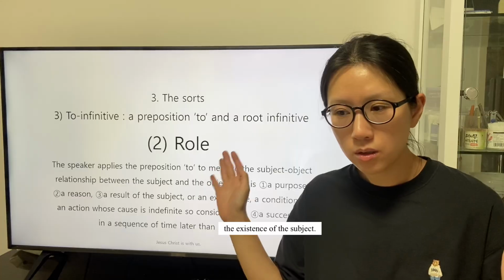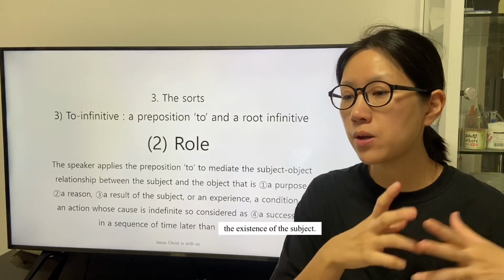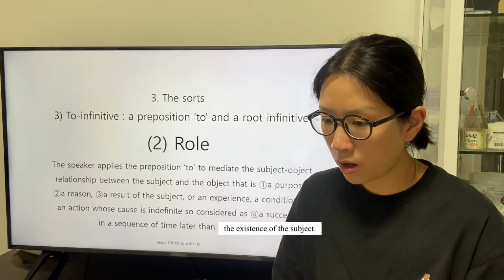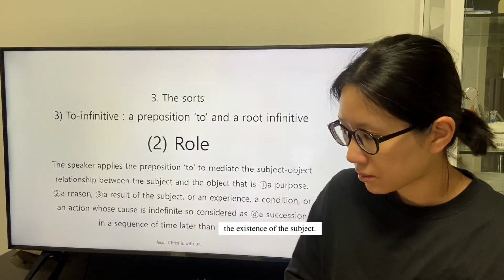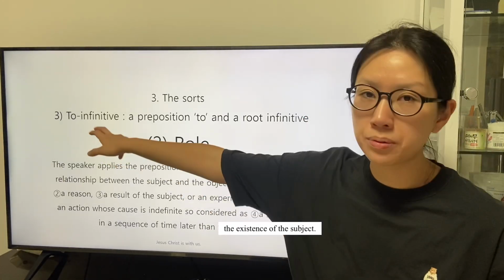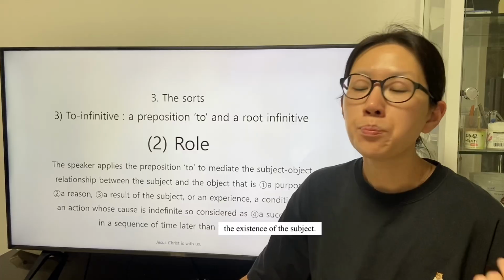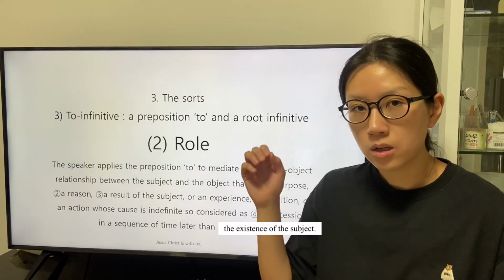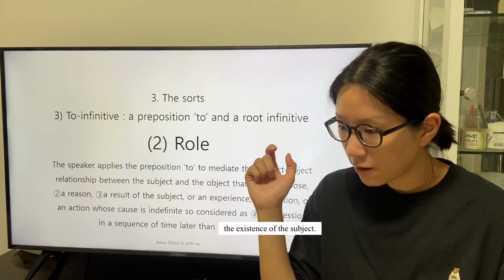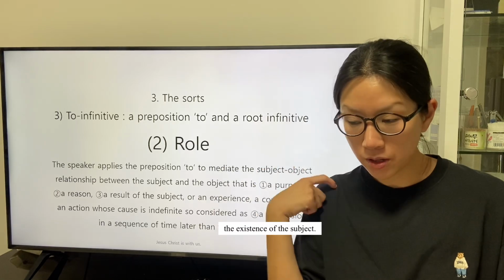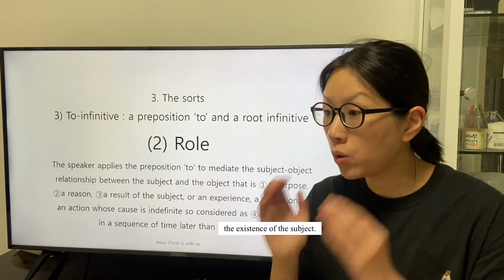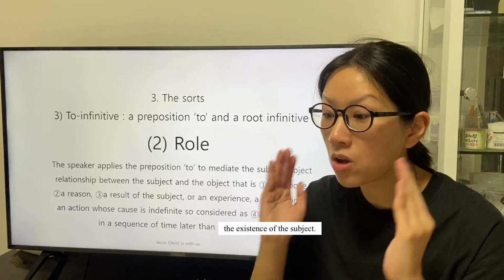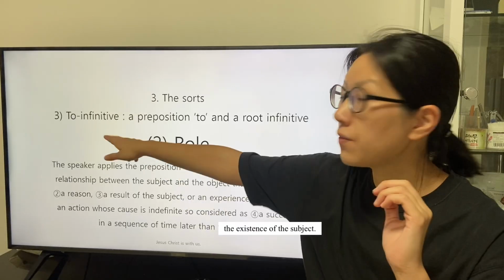This procedure, in which the speaker applies a word whose trait is predetermined according to the trait, is not applied for the to-infinitive. The listeners who interpret a clause find a to-infinitive. Thus, the listeners who only read the to-infinitive in a clause do not know the trait of the to-infinitive.